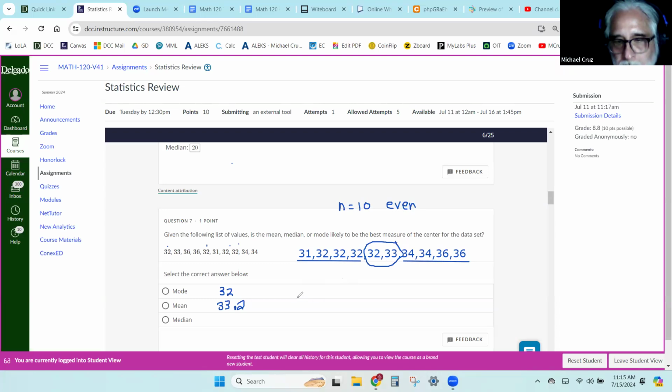So the median is 32 plus 33 over 2. Add the darn thing up. So that's 65. 32 plus 33.